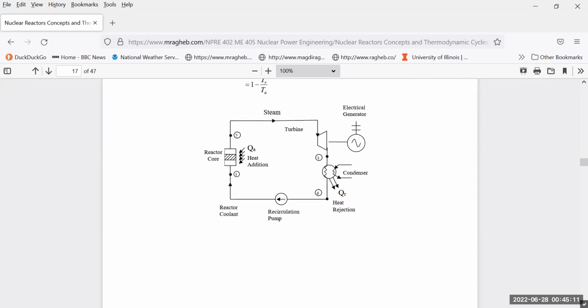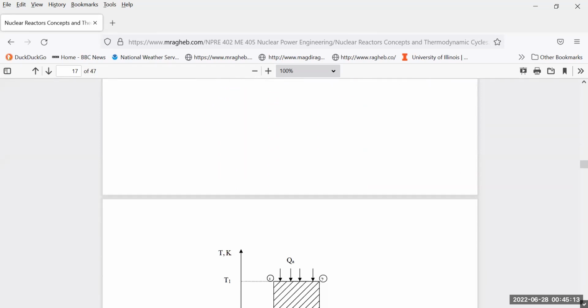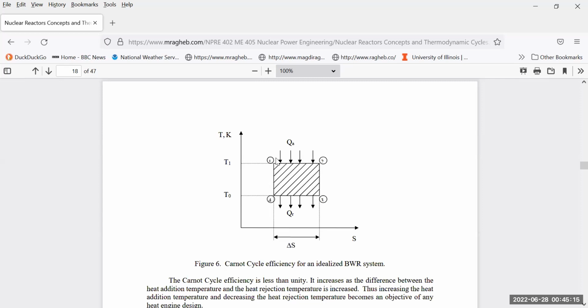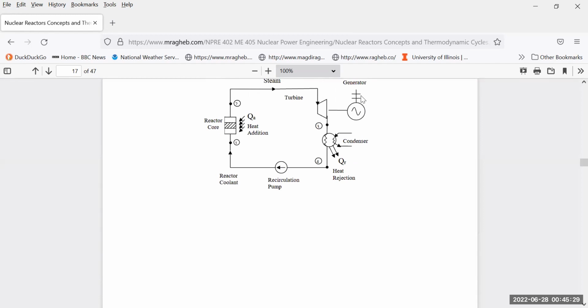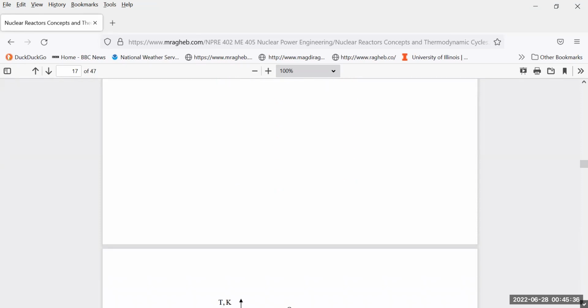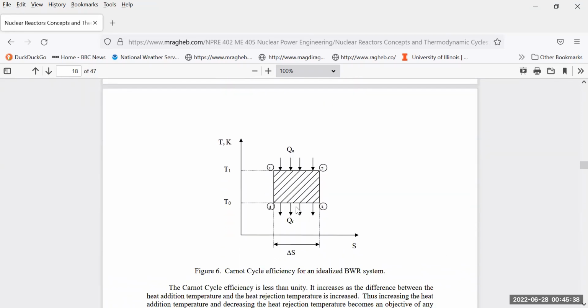We can show that process on the TS diagram as adding heat from point 1 to 2 at constant temperature. So that's isothermal temperature T1, expanding in the turbine from 2 to 3. If you go back to that same diagram here, that's expanding it from point 2 to point 3, and then rejecting the heat to create that flow system.